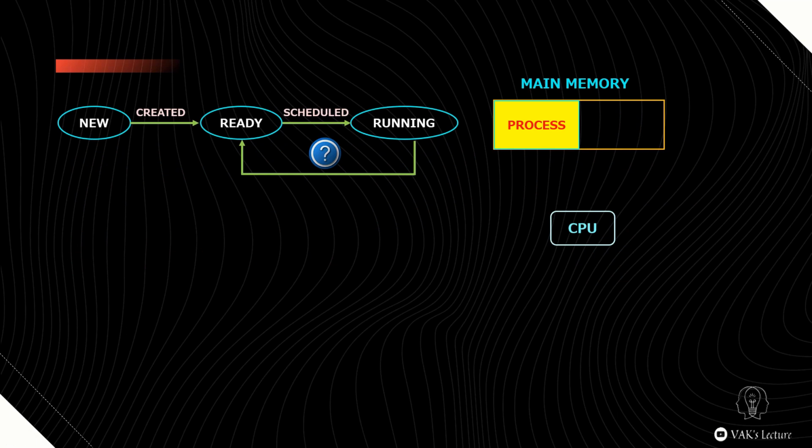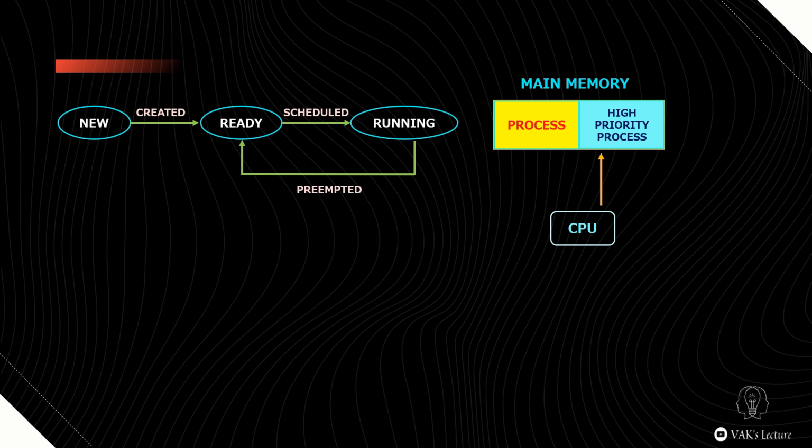Let us say our process is getting executed by the CPU and a high priority process comes in main memory or ready queue. As we have seen, the CPU will give importance to the high priority process, so it will stop executing our process and start the execution of the high priority process. Our process will get preempted.